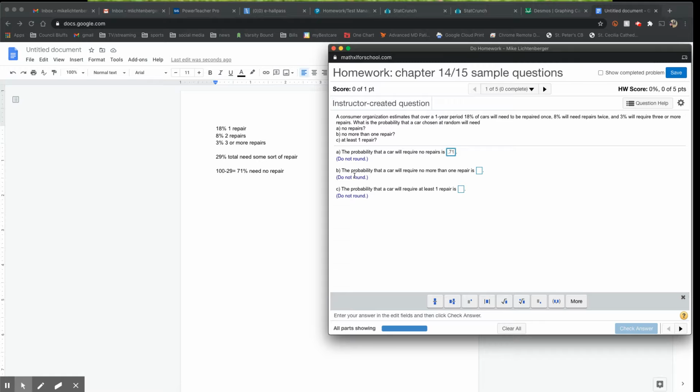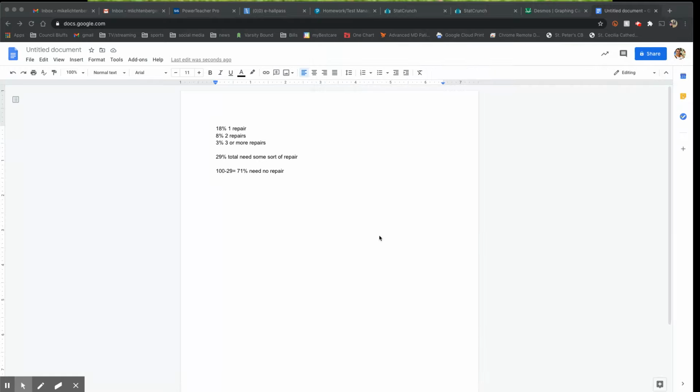Okay, the probability that a car will require no more than 1 repair. What does that mean? No more than 1 repair means 1 repair or less. So we know that 18% need 1 repair, and we know that 71% need 0 repairs.